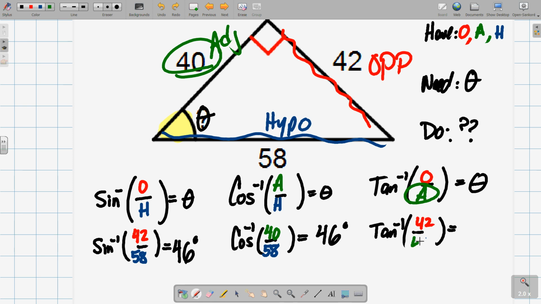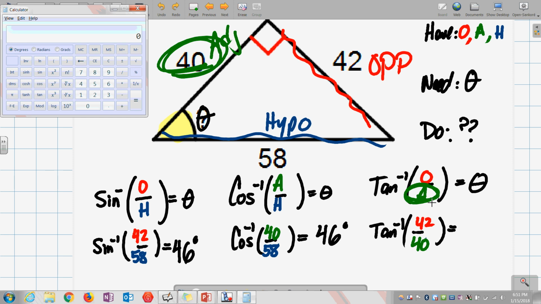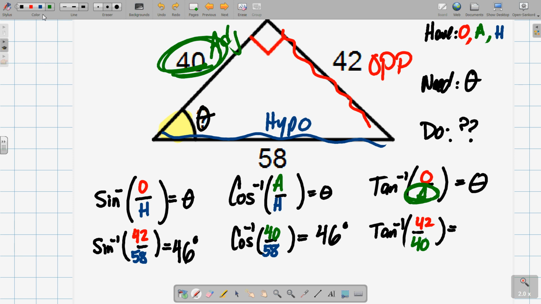The adjacent here is 40. Guess what, folks? Miss Way did not circle, plug, chug, and that's how easy it is to make mistakes when you don't physically circle your numbers. I like to claim I did that on purpose just to prove my point. So we're going to go 42 divided by 40 and inverse tangent, once again, 46 degrees.